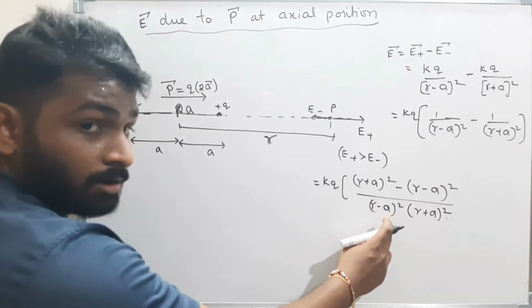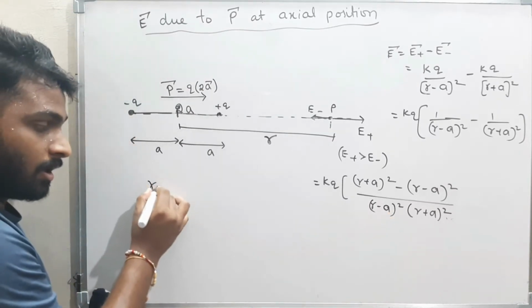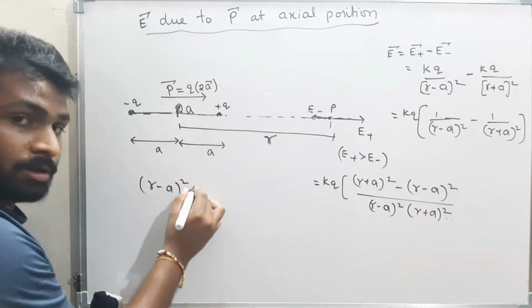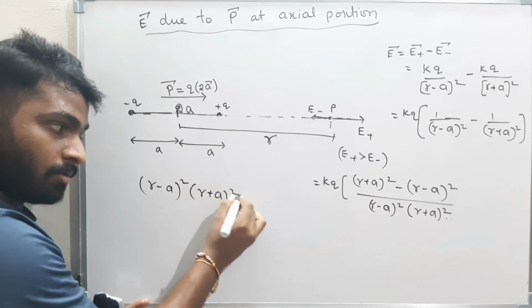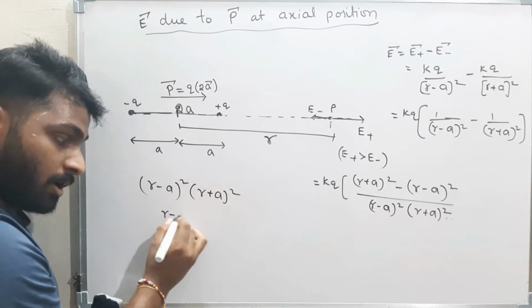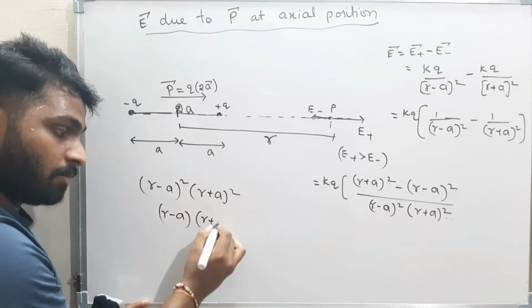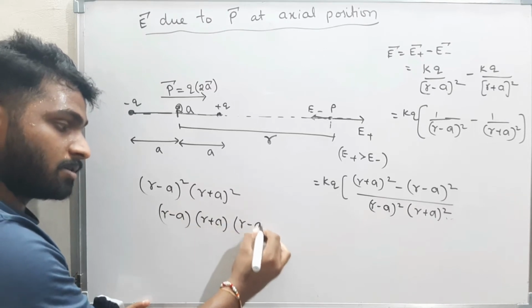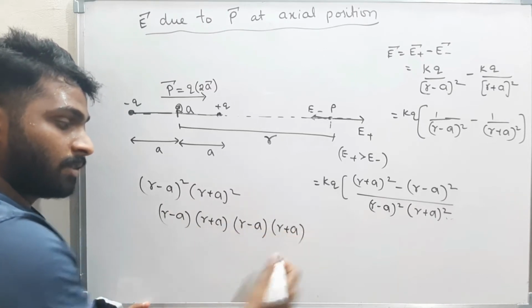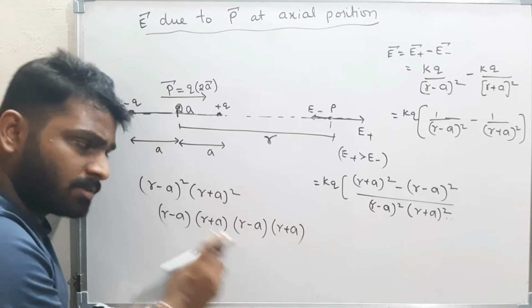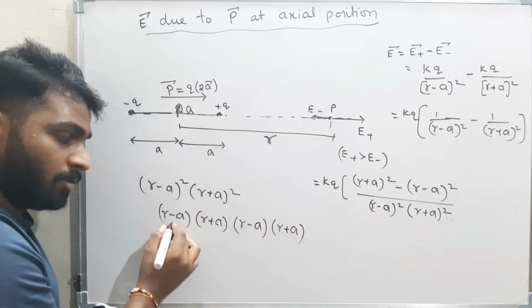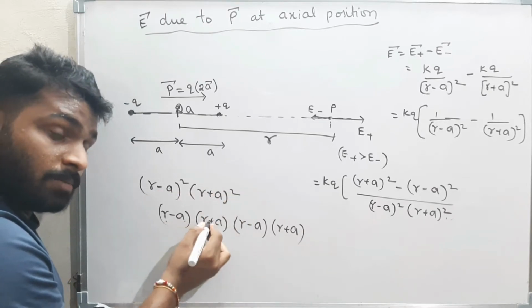Now how am I converting this? R minus A whole square into R plus A whole square, which I can write as R minus A into R plus A, again R minus A into R plus A. Can I write like this? Simply I am expanding. Now, which is the form of A minus B into A plus B?